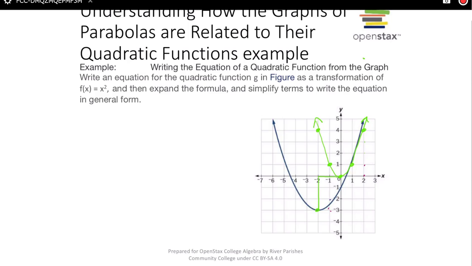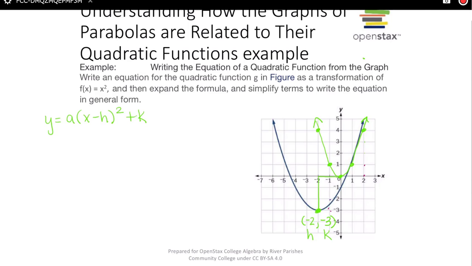Left 2 and down 3, and that's our vertex, which is negative 2, negative 3. Okay, so substituting that into this equation, y equals a times (x minus h) squared plus k. So this is our h and this is our k.